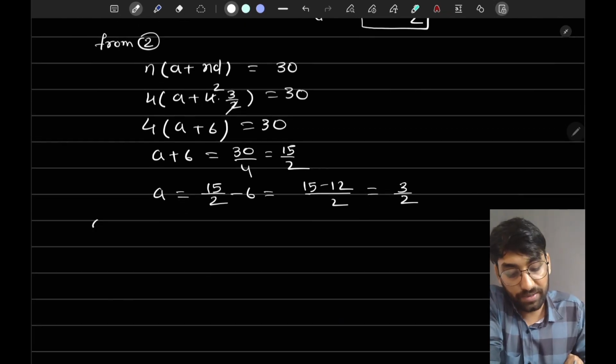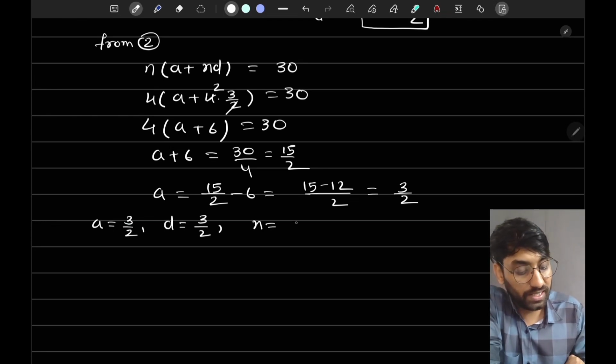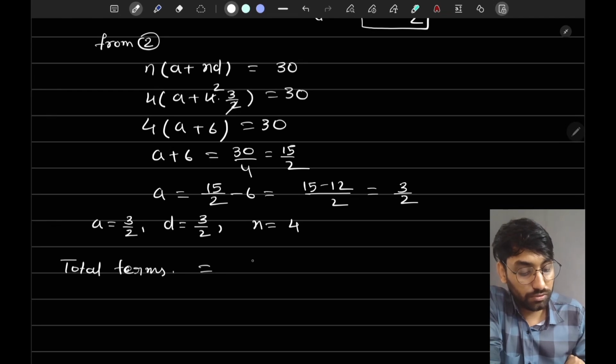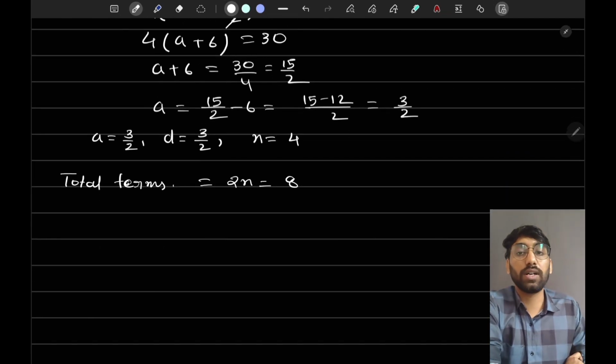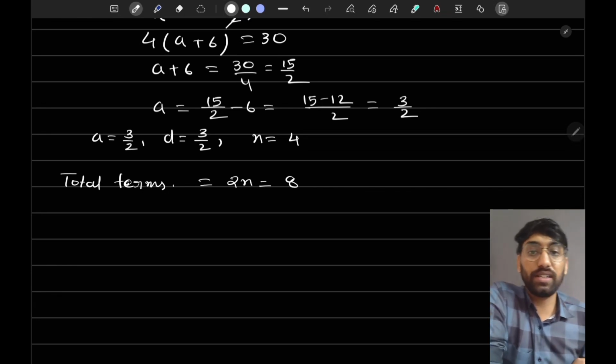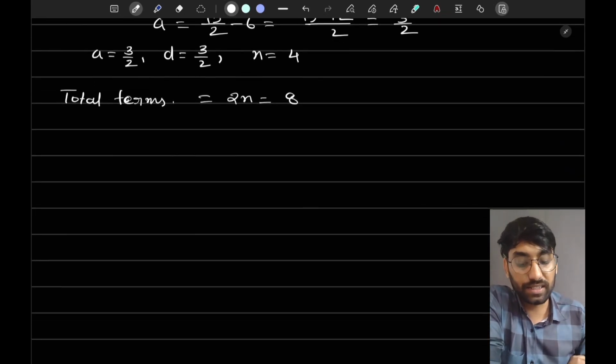So here I have a value as 3 by 2, d also as 3 by 2, and n value as 4. So the total terms we will have is 2n, that is nothing but 8. Now among this total number of terms, we just need to find how many terms will be integers. So let's go with that.